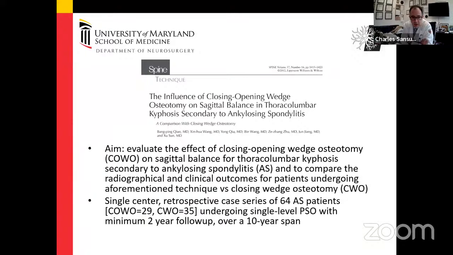The authors of this paper actually came to visit the spine section several years ago, and they gave some very nice talks on their experience with ankylosing spondylitis. And I think a lot of what we describe is perfectly demonstrated here, particularly for those patients with calcified ALLs.